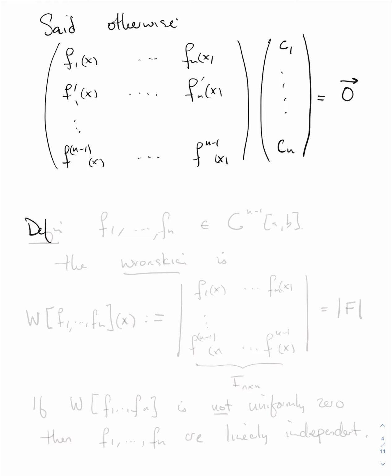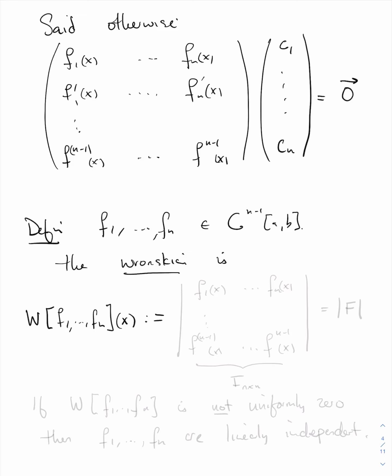Definition. If f1 through fn, as we've been talking about, are in C^(n-1)(a,b), the Wronskian is denoted W, square brackets with the functions in here, evaluated at x.